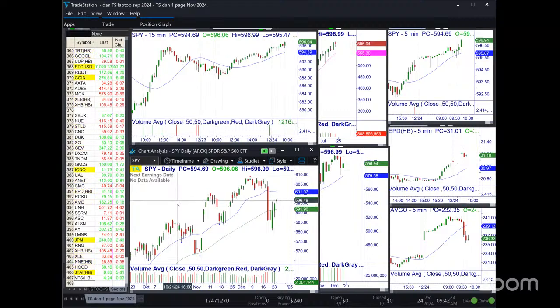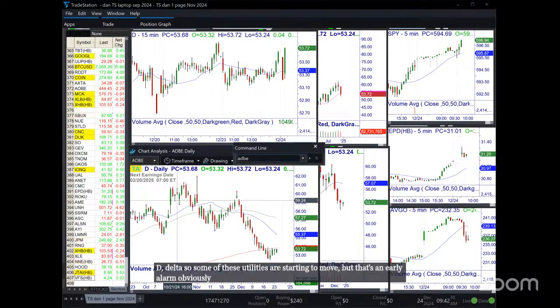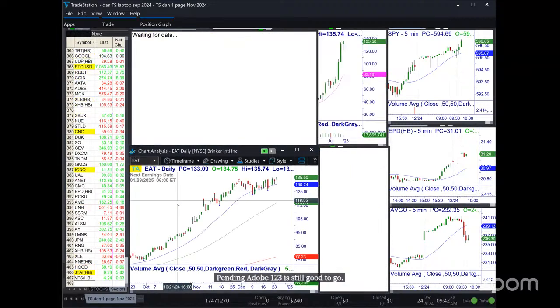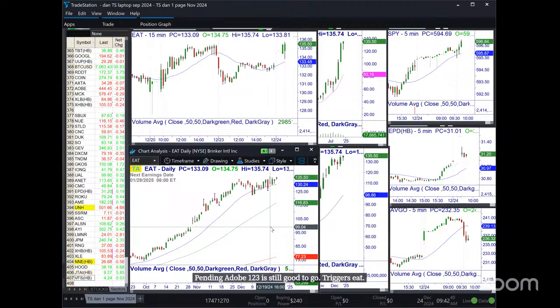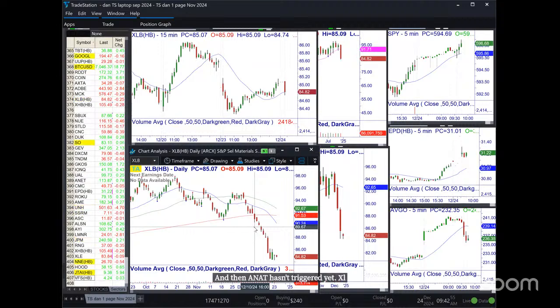And Delta. Some of these utilities are starting to move, but that's an early alarm, obviously. Pending Adobe 123, still good to go. It triggers on 136.15, so it has not triggered yet. And then ANET hasn't triggered yet. XLB, all right, those are all the pendings.